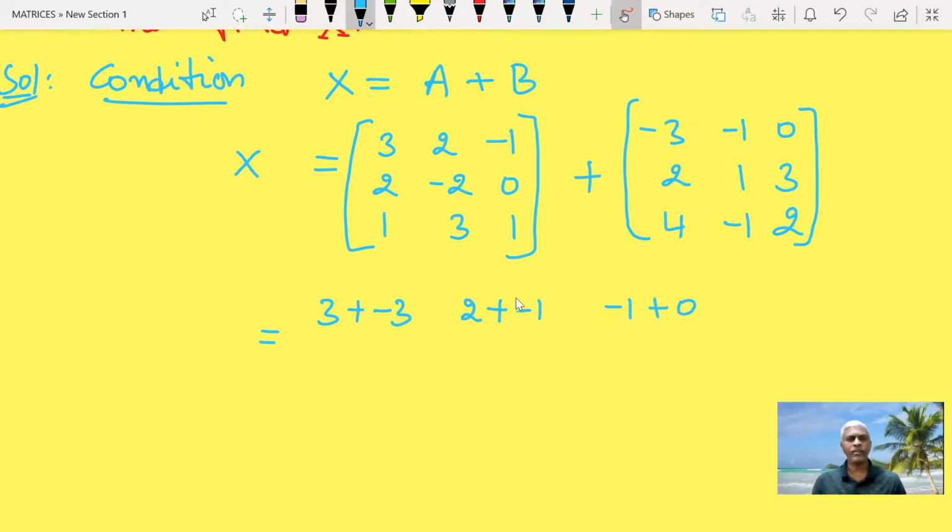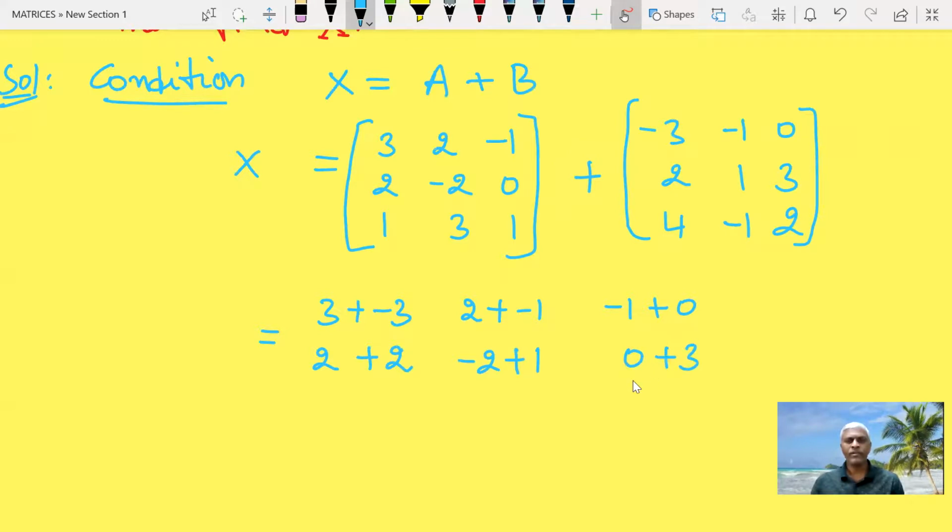We are adding corresponding elements. Second row, 2 plus 2, -2 plus 1, 0 corresponding to 3.